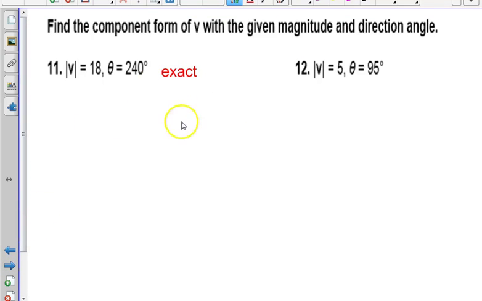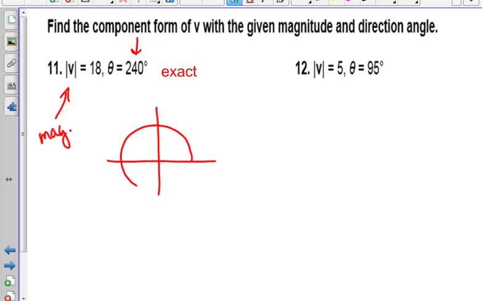All right, these are given the length of a vector, this means magnitude or length, and an angle, okay? We're supposed to find the component form. So basically it's what we did yesterday. This is 240 degrees, and there's a vector of 18.